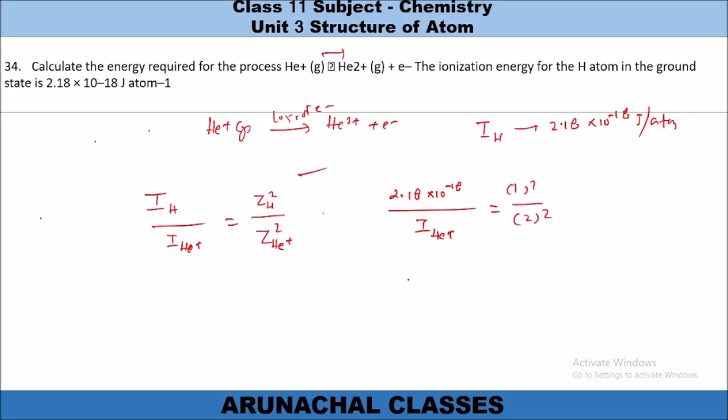Cross multiplying, we get the ionization energy for the helium ion as 8.72 × 10⁻¹⁸ joule per atom. So this way we will solve this question.